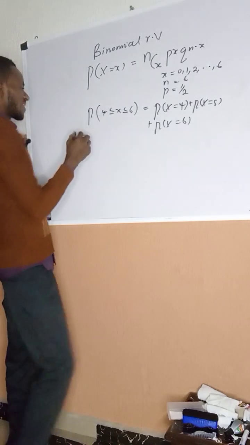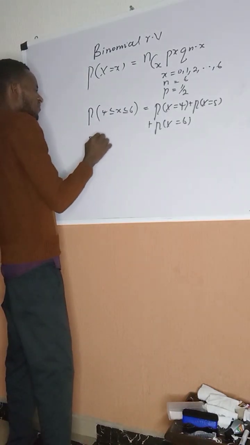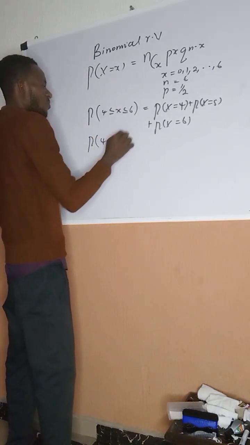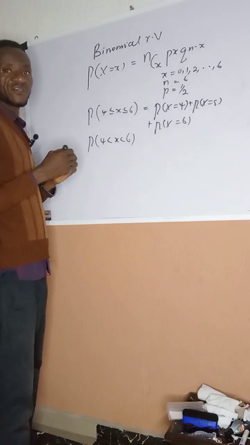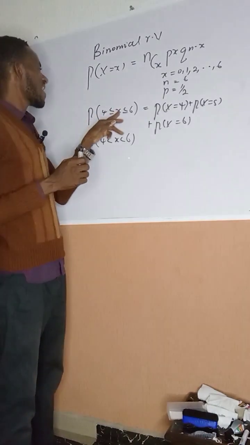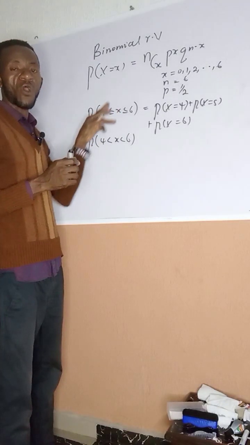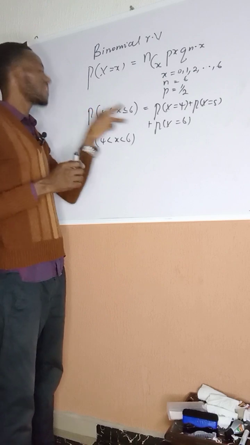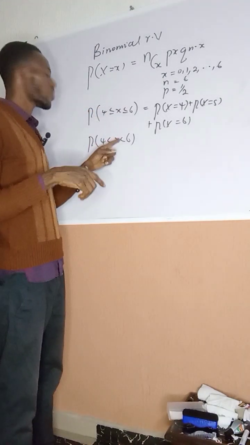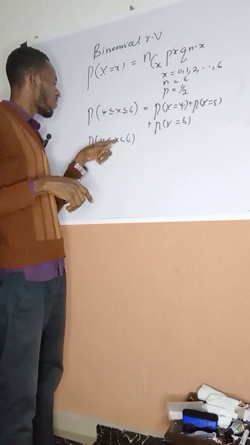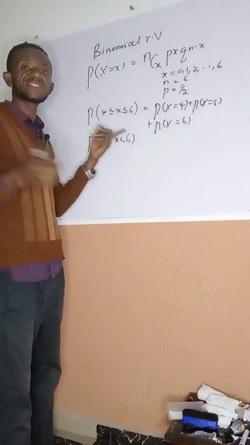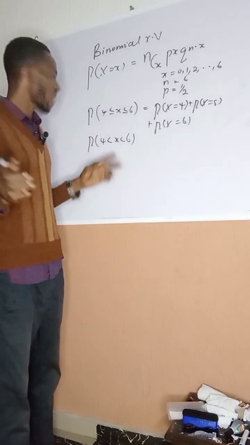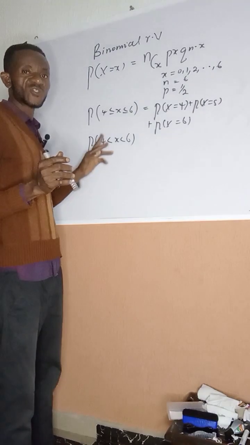But then when they say the probability that 4 is less than x less than 6, the earlier one is x greater than or equal to 4, or x between 4 and 6 inclusive. Or this one is x between 4 and 6 exclusive. You are not going to count the endpoints here.